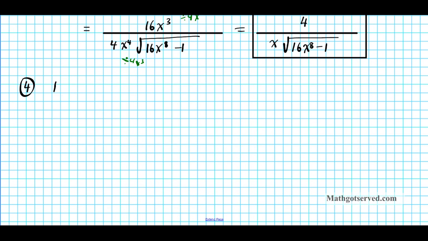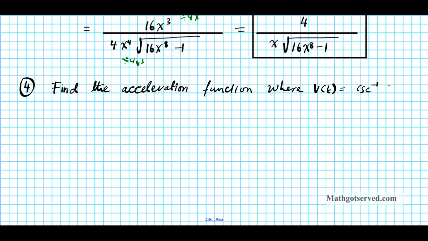We're going to find the acceleration function, where the velocity function v of t is equal to the inverse cosecant of 3e to the 2t.